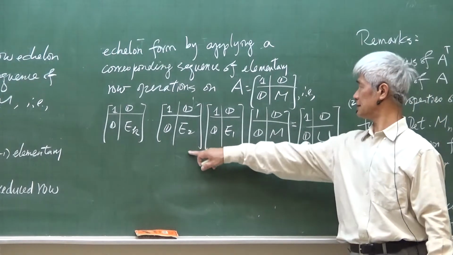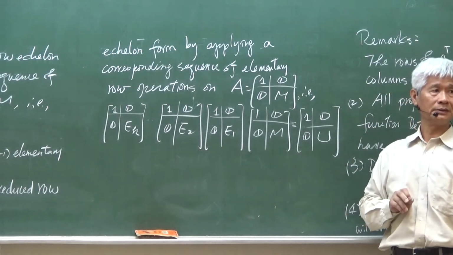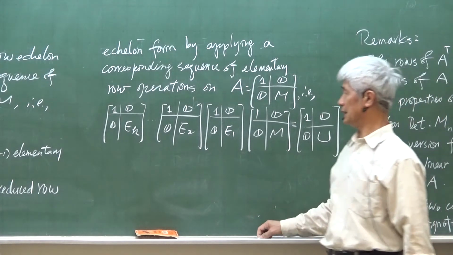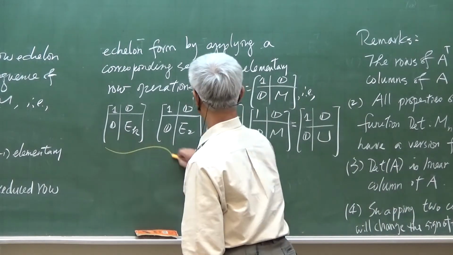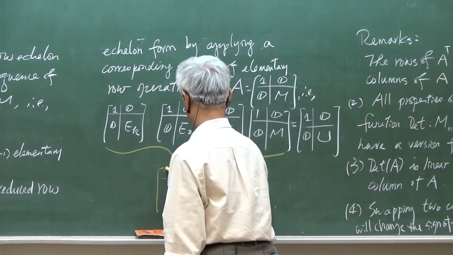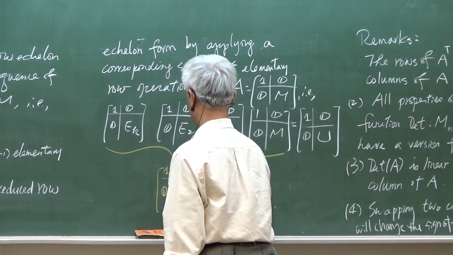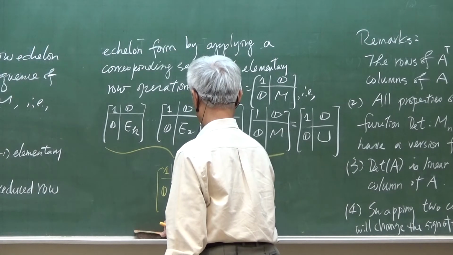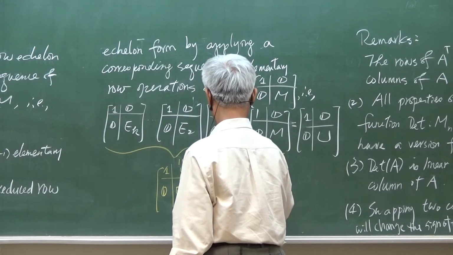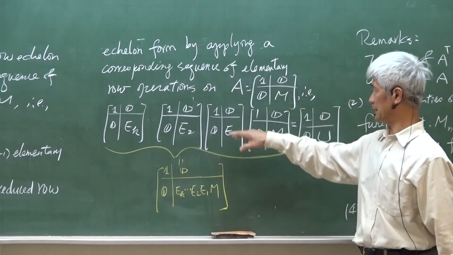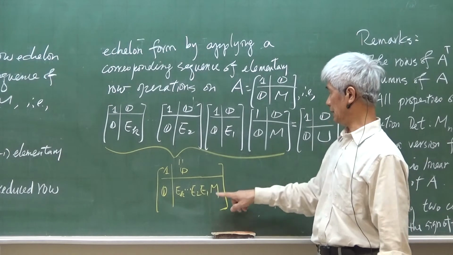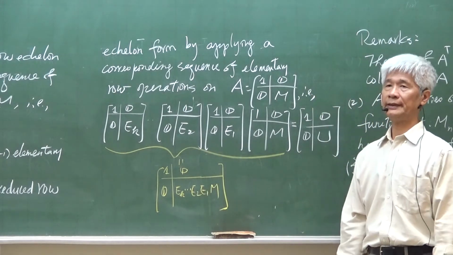Do you have any questions about this identity? The product is just this block diagonal matrix, and here this is equal to here.